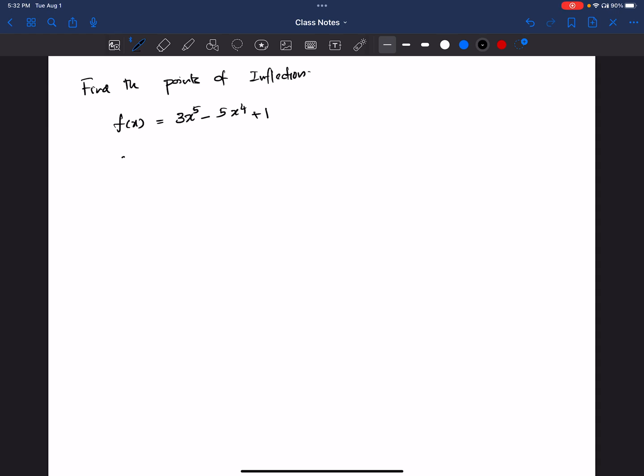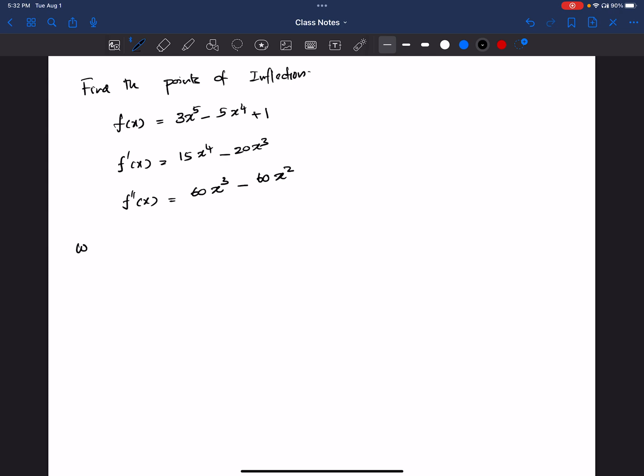We can find f prime of x first, which is 15x to the power 4 minus 20x to the power 3. And you can also find f double prime of x, which is 60x to the power 3 minus 60x squared.